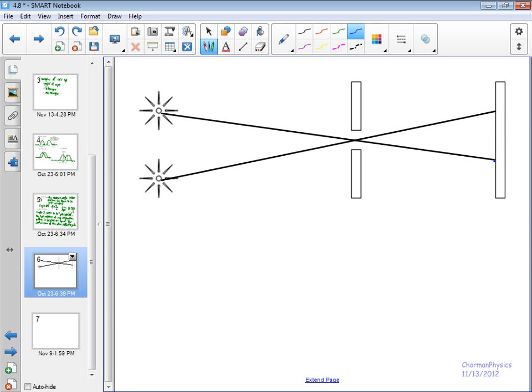So to have two of these just resolved, what ends up needing to happen, let me draw this really quickly, is that condition right there, where the central maximum occurs over the first minimum of the other interference pattern.